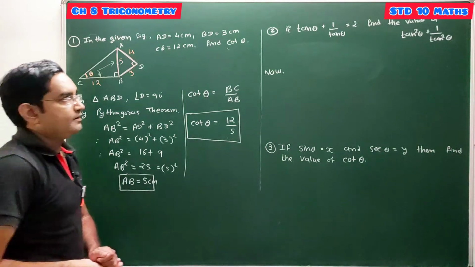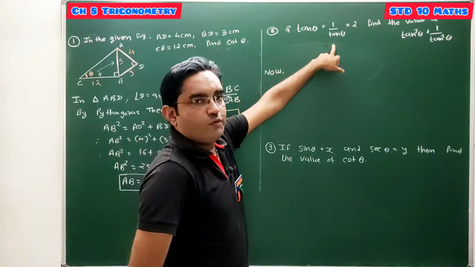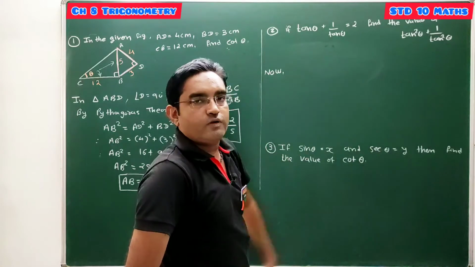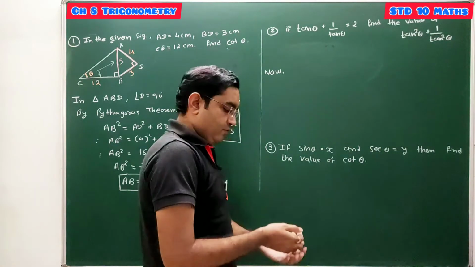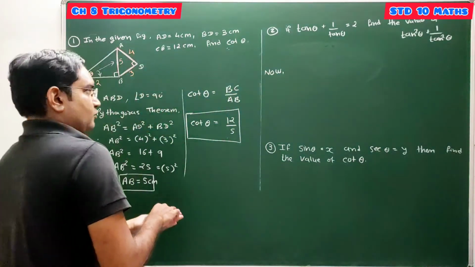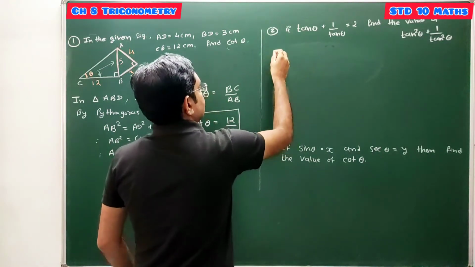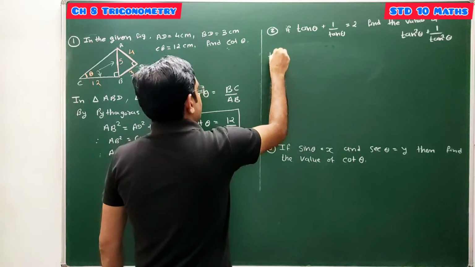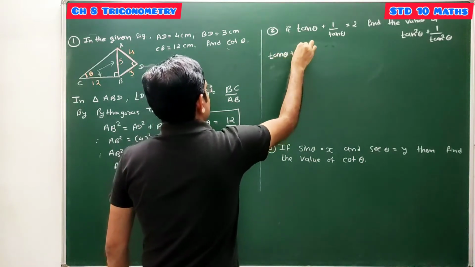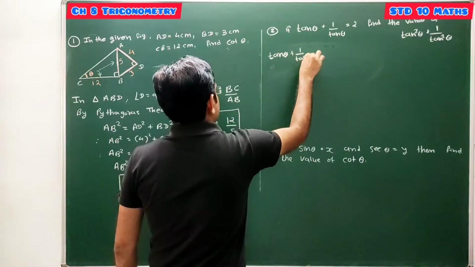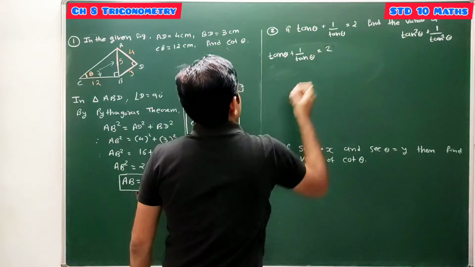So this is somewhat like x plus 1 by x equal to 2 is given, and you have to find x square plus 1 by x square. So an identity should directly strike your mind. We used it in standard 9. So here we are given tan theta plus 1 upon tan theta equal to 2. This is given.